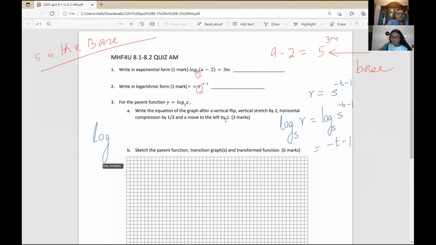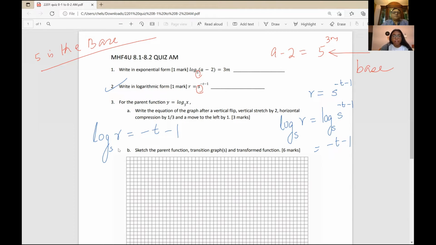Log to the base s of r equals minus t minus 1. Done. Okay, good. So you can check. S to the power of minus t minus 1 is r. We get the same equation. So it is interchangeable. You only have to take care that the base remains the same. Then it is perfectly fine. Is that clear to you? Yeah. Perfect. Question number 3 now.